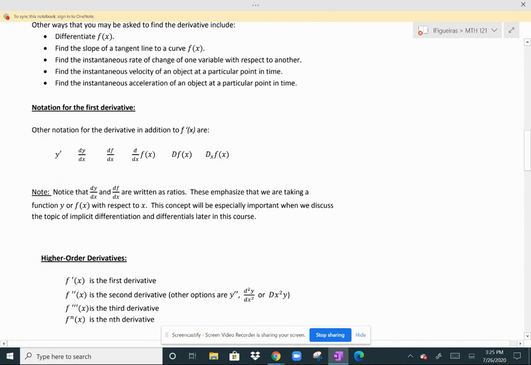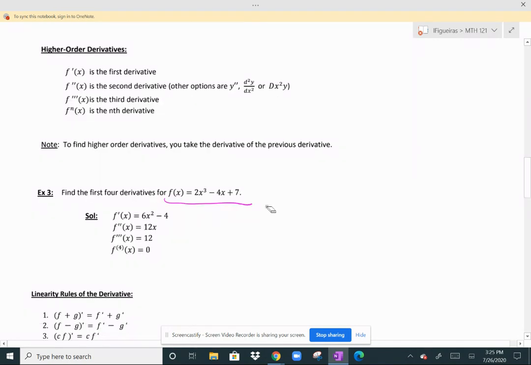Here I didn't exactly show all the work to do that, but I wanted to show you what happens as I take the first, second, third, and fourth derivative of this third degree polynomial. When I take the first derivative, my third degree polynomial becomes a quadratic, a second degree polynomial. When I take the derivative of that, I get a linear function.